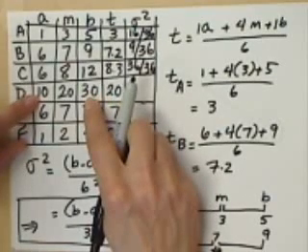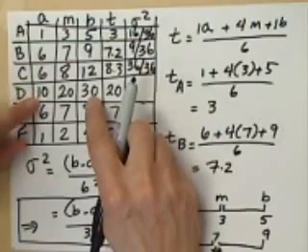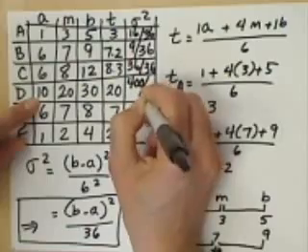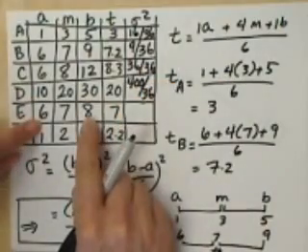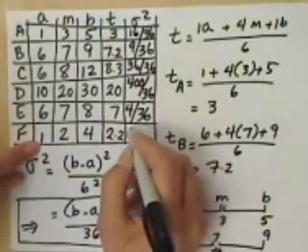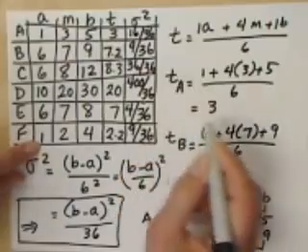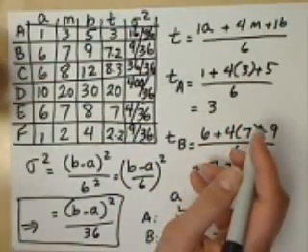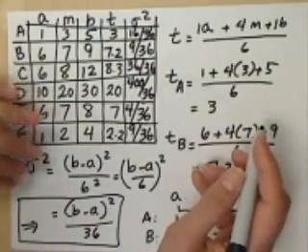Here, 20 is the difference, so 20 squared is 400, so we have 400 over 36. Here we have 8 minus 6, that's 2, 2 squared is 4 over 36, and here we have 9 over 36. We're going to use these numbers later on when we compute the standard deviation of the critical path.